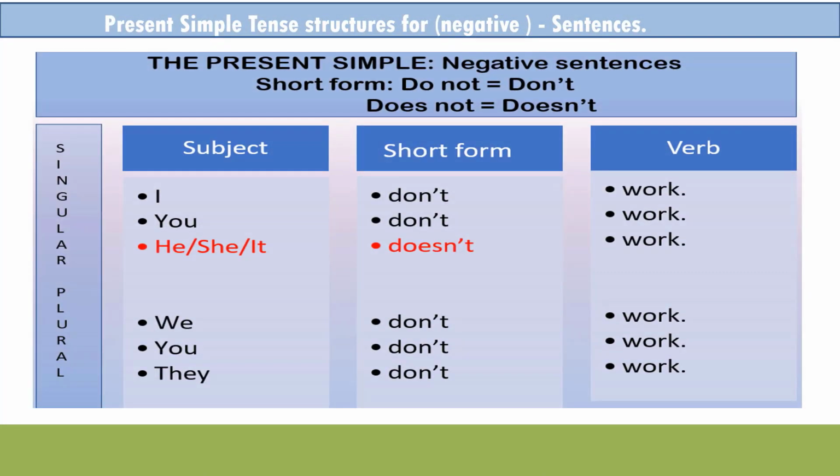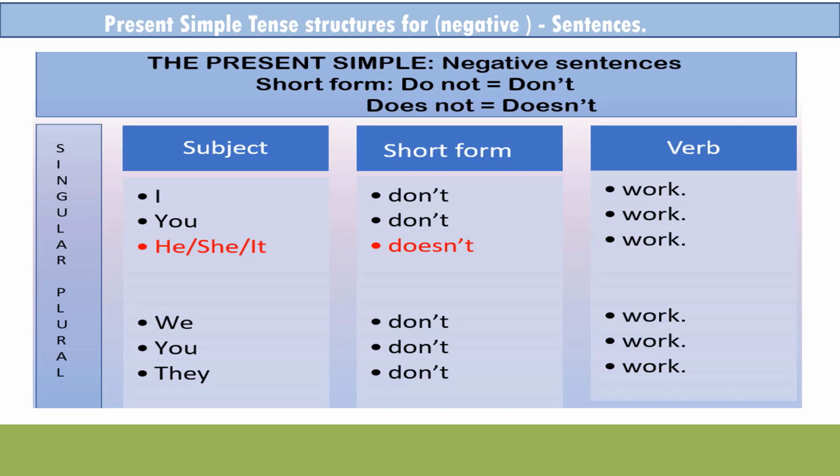Okay, let's have a look at the negative structure now. So with the negative structure with sentences, we can use the short form of do not, which becomes don't, or does not, which becomes doesn't. Okay, so in the table again we've got the singular and the plural on the left hand side.